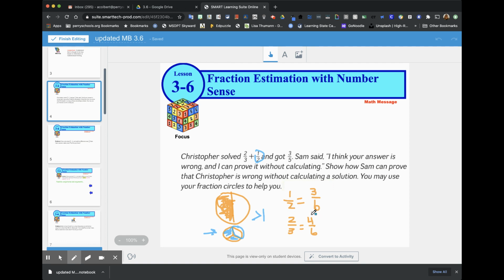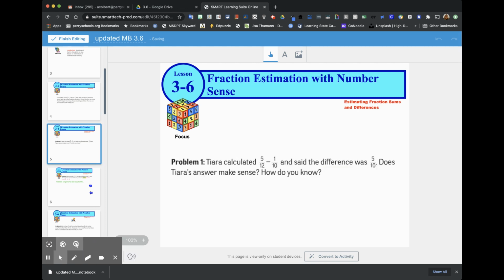So I know 1/2 is the same thing as 3 out of 6, and 2/3 is the same as 4 out of 6. So I know, without doing anything, that this is going to be greater than 1. I don't need to actually add to prove that his answer is in fact wrong, just based off these pictures and these equivalent fractions that I've created. Okay, so Christopher, wrong.